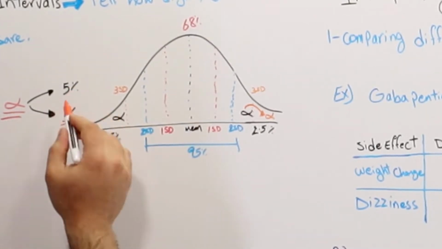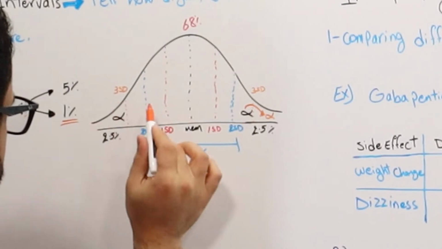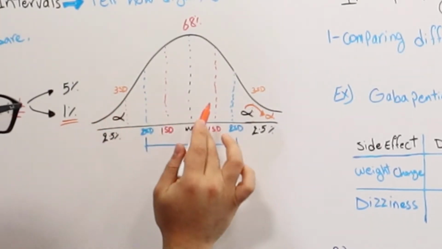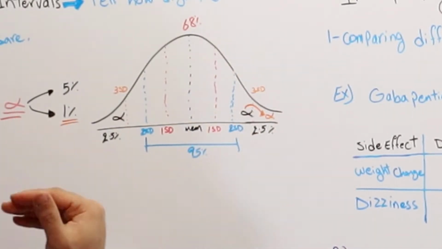But if we had the 5%, then we'd have a 95% confidence interval, and it's going to be from here all the way to here, with 2.5% on each side. So we know that alpha is determined by the researcher.